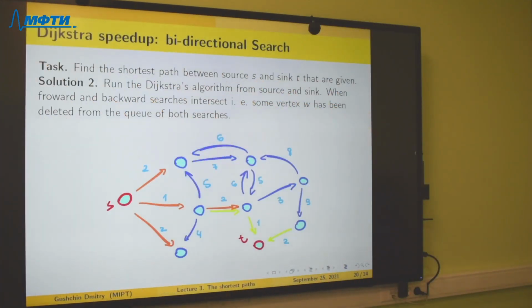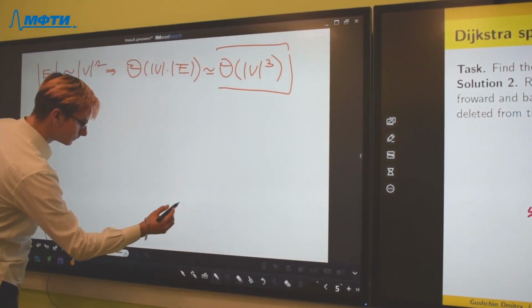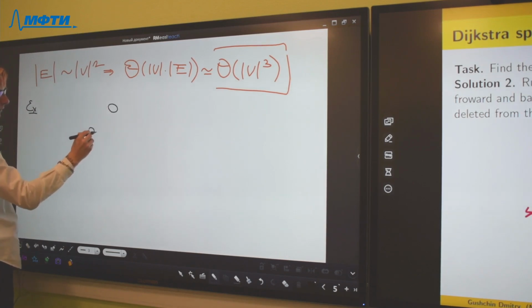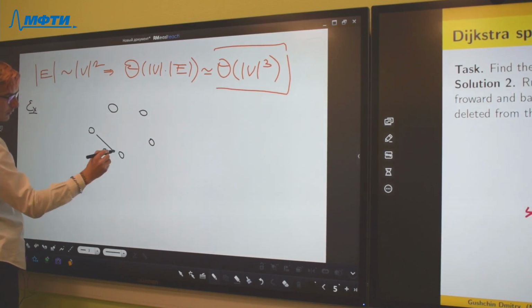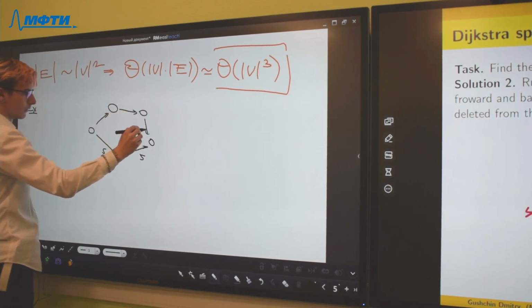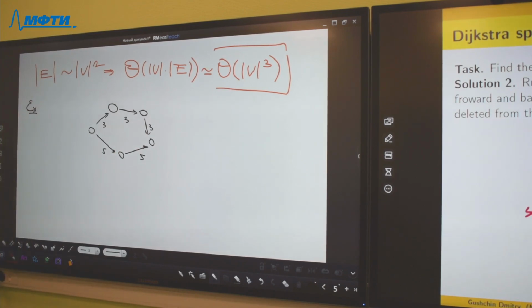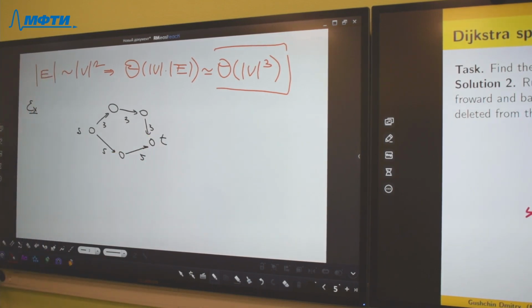Of course, there are some problems with it. For example, we can draw this example. We have this graph, and we say that this is S and this is T. What is the shortest path between S and T?